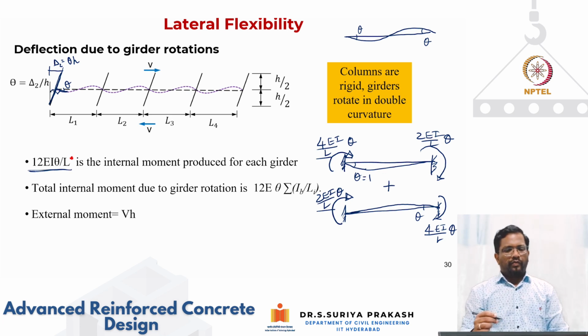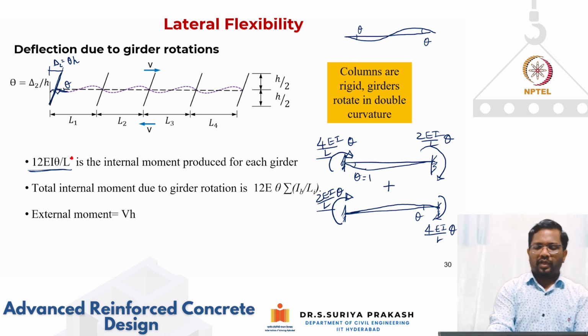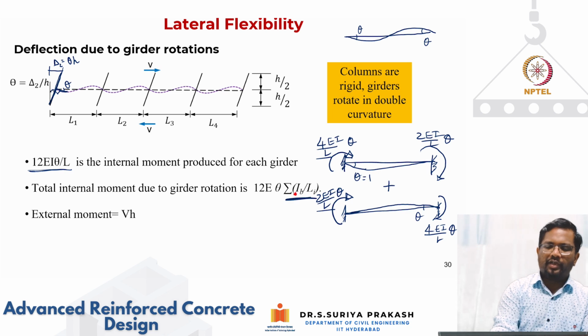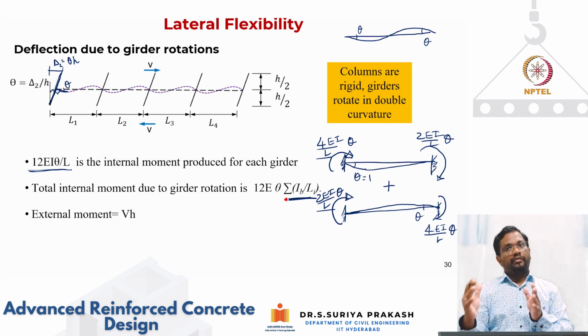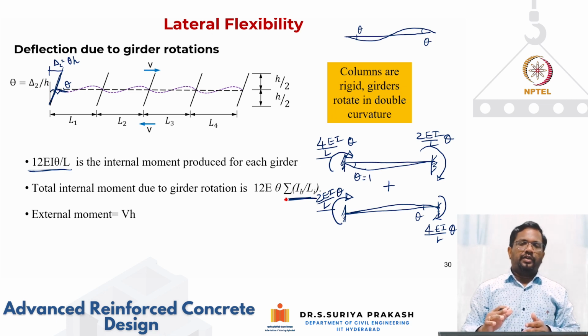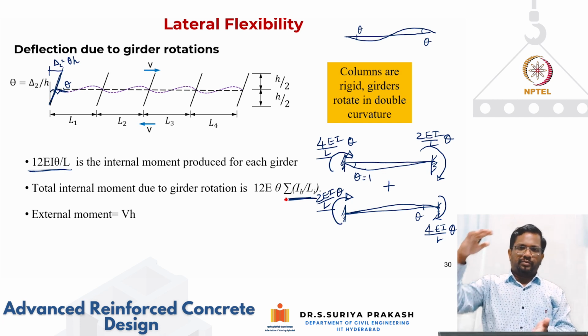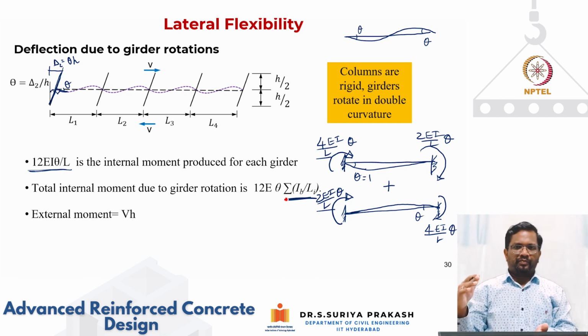Now, when you have multiple such girders in a particular story, I have to add all of them, because the length of the beam can be different. Column length will not be different. When you looked at deflection due to column rotations, column height is always kept the same because story height will always be the same.